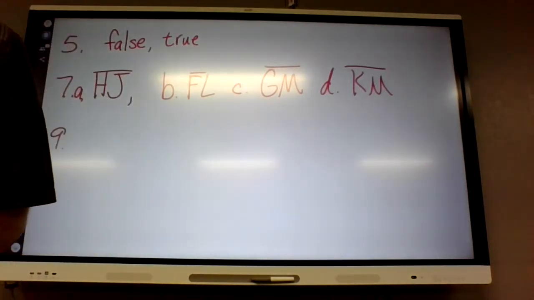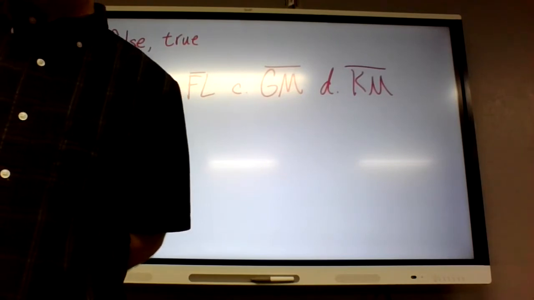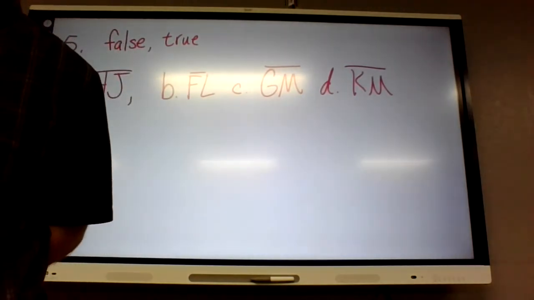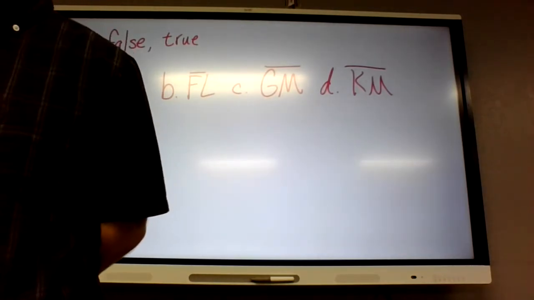It says use the figure where segment MN is the perpendicular bisector of segment PQ. It kind of shows it in the picture. It cuts it in half and makes 90-degree angles.